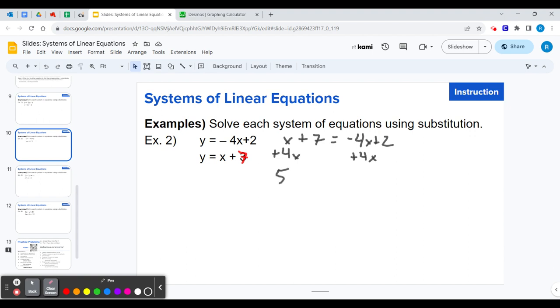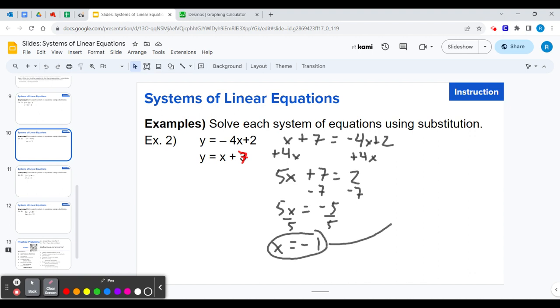We'll get 5x plus 7 equals 2. We'll subtract 7 from both sides. We'll get 5x equals negative 5. And that will give us, if we divide by 5 on both sides, an x value of negative 1. So that's part of our answer.